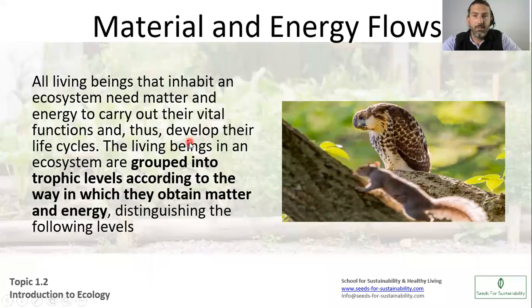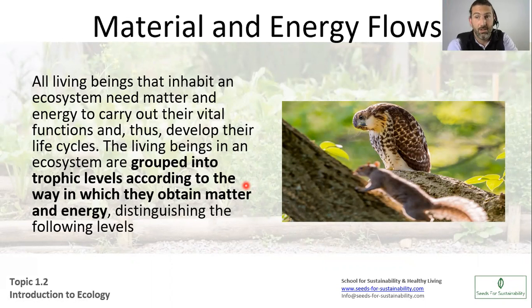So the living beings in an ecosystem are grouped into trophic levels according to the way in which they obtain matter and energy. So this is a way science categorized all the living beings, by the way in which they obtain matter and energy. It's just a decision science made back in the day. You can maybe think now of other ways to group living beings.